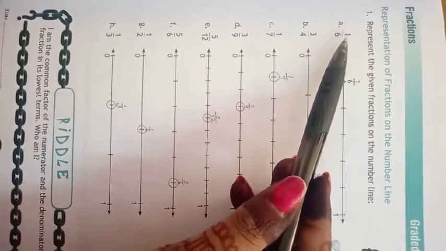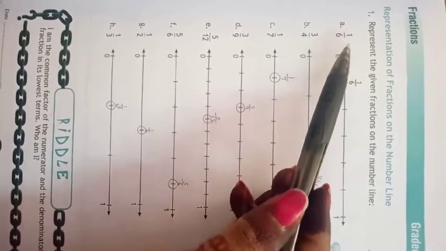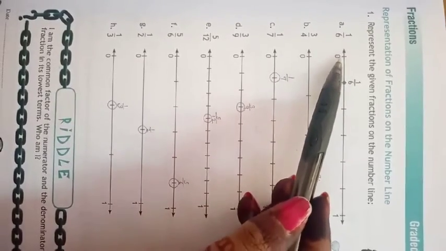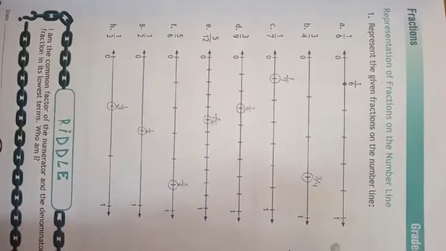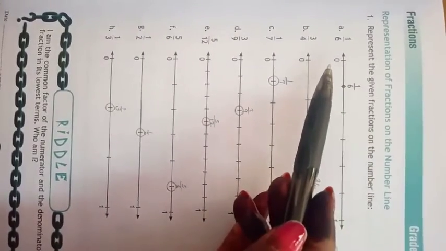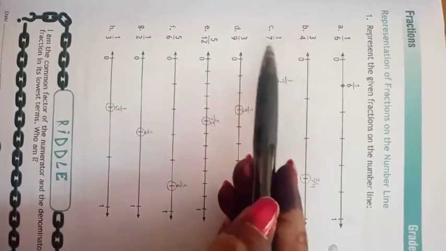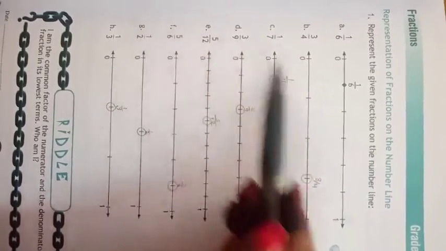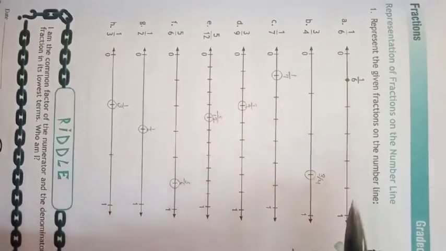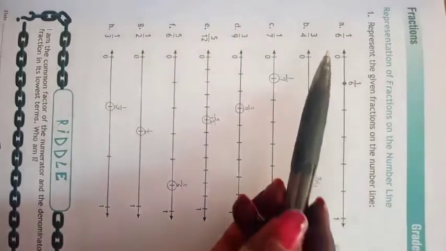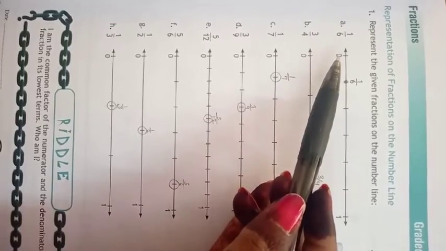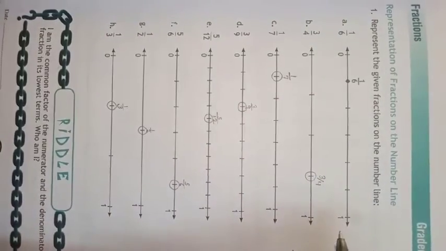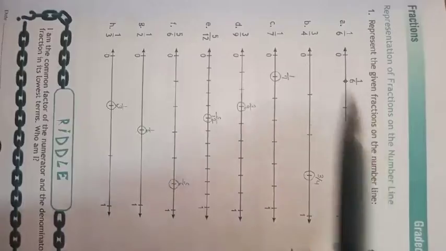So whenever we have proper fractions, the value always lies between 0 and 1. उसकी value हमेशा 0 और 1 के बीच में ही होती है. Okay, and here all the fractions which are given to us are proper. So हम इनको हमेशा किसके बीच में represent करेंगे? 0 and 1. Okay, for the proper fractions. प्रॉपर फ्रैक्शंस की वैल्यू हमेशा 0 और 1 के बीच में ही होगी, कभी भी 1 से आगे नहीं जाएगी.